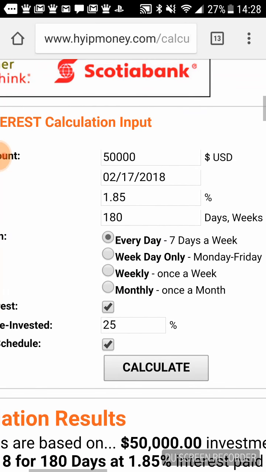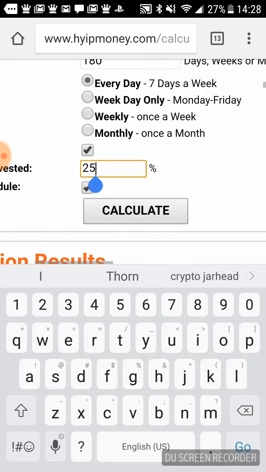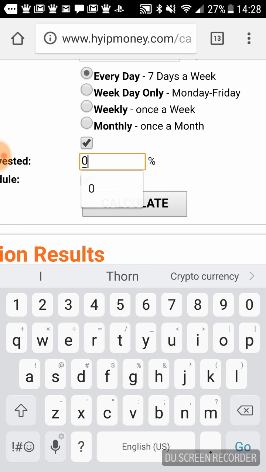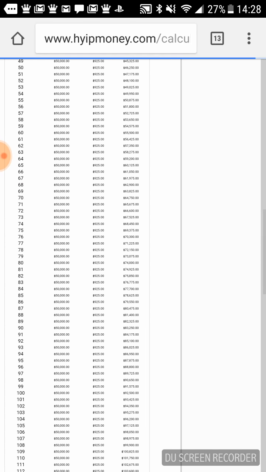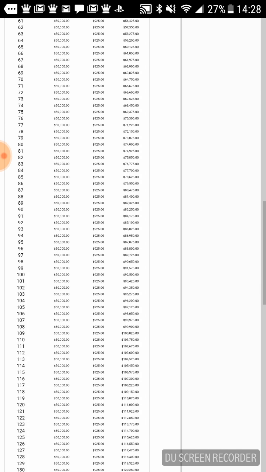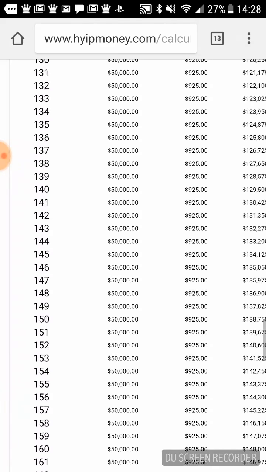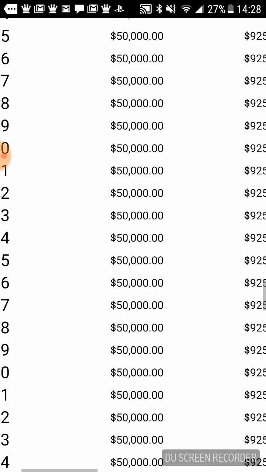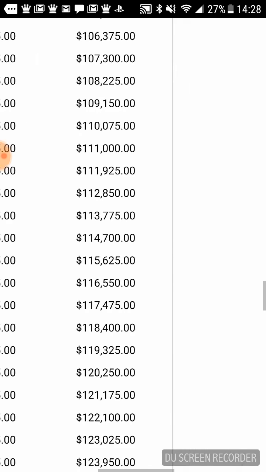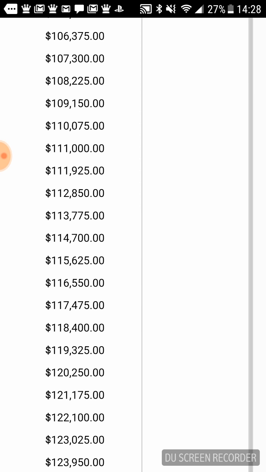If you had a $50,000 loan, let's take a look at what it's looking like at month 4 with no reinvestment. So month 4 was 120 days. Be down here somewhere. I just ran right past it. There we go. So 111,000 versus the 147,000 at month 4.